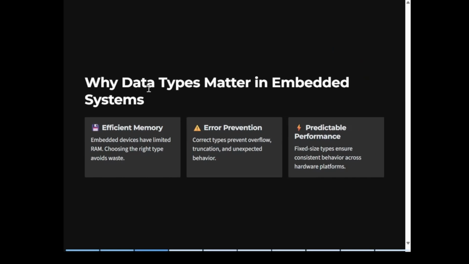So why do data types matter in embedded C? First, it tells the compiler to allocate memory according to the data type. Second, it improves code efficiency, which is important in embedded C because we have limited memory, and you have to manage that memory very carefully.